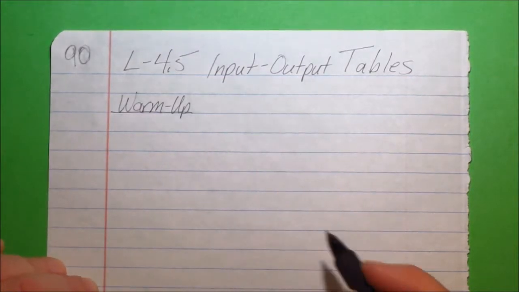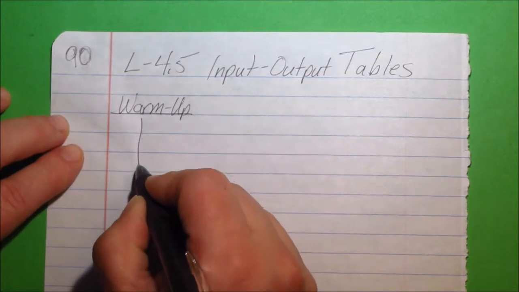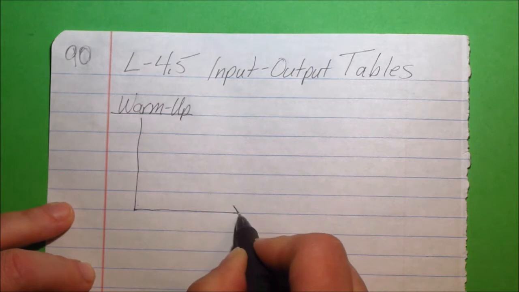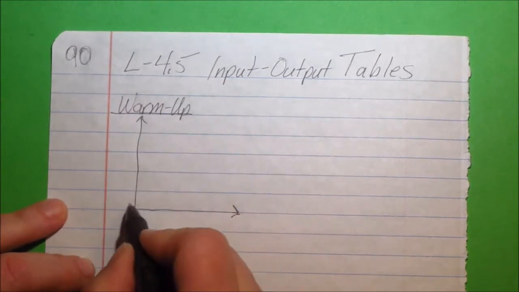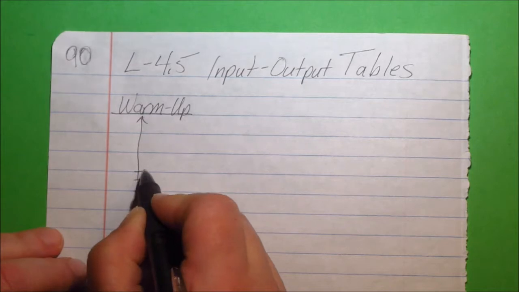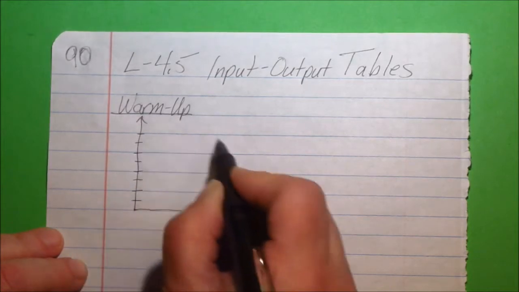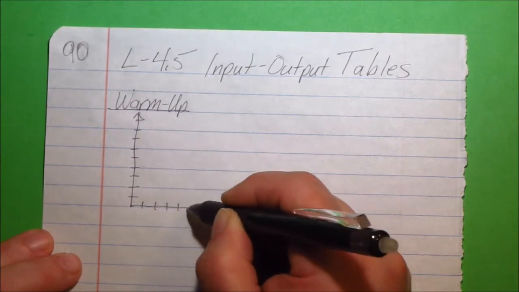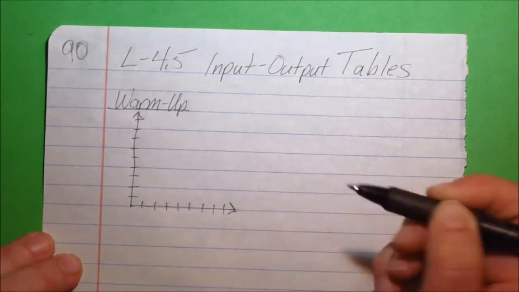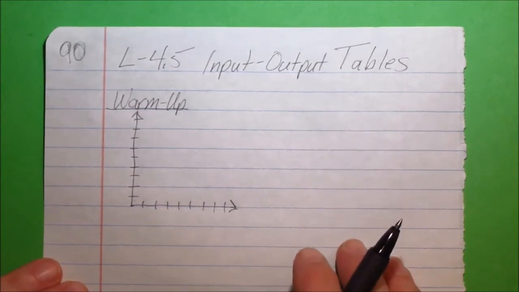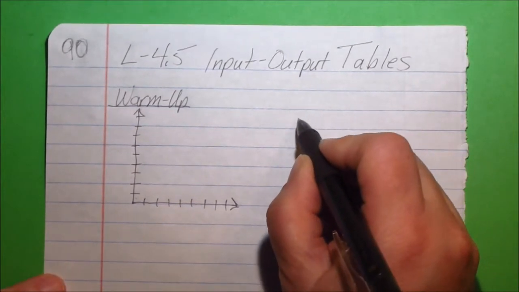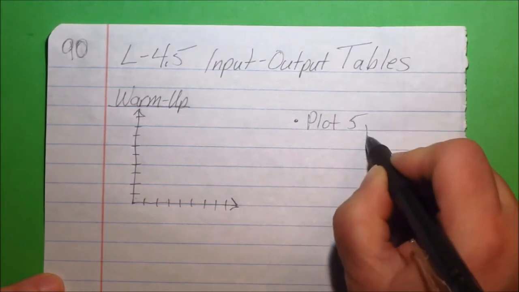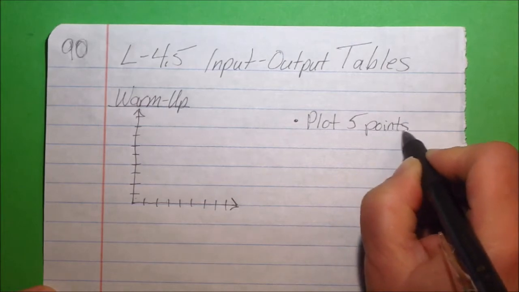All right, so for our warm-up, draw a quick quadrant 1 coordinate plane and answer some questions. Plot 5 points, not really questions, statements.